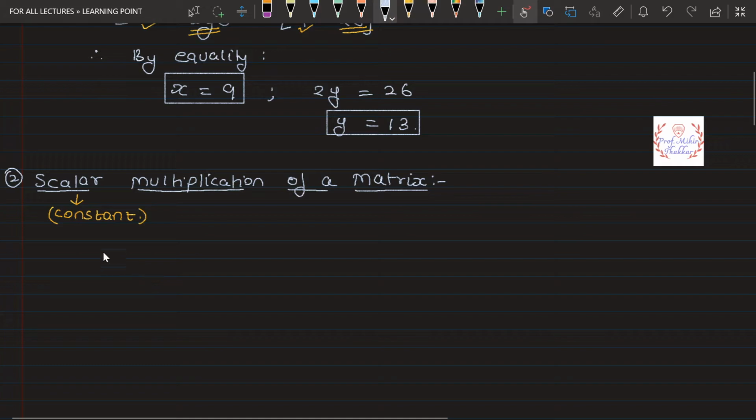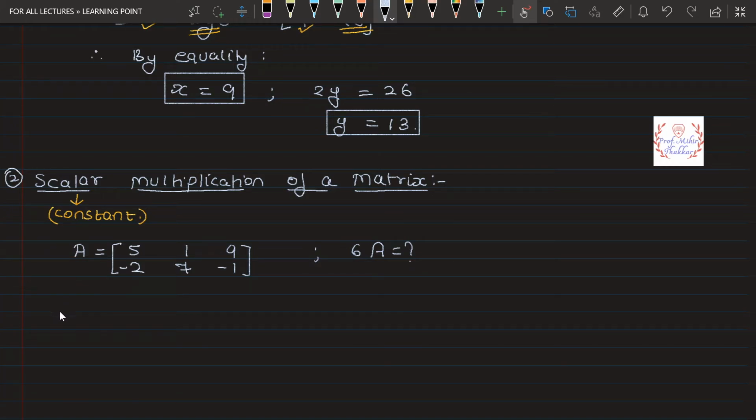So for example, suppose if I have a matrix A, let us say 5, 1, 9, -2, 7, -1, and if I am asked to find the value of 6A, so we just say 6A over there will be equal to 6 into 5, 1, 9, -2, 7 and -1, and then just multiply. 5 into 6, that is equal to 30, then it is 6. 9 into 6, that is going to give you 54.